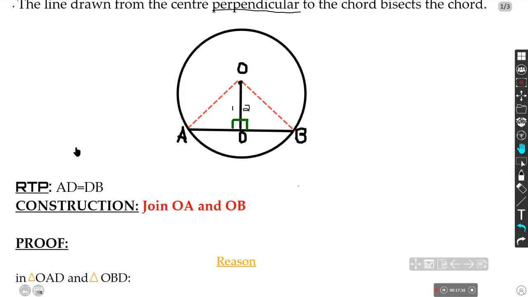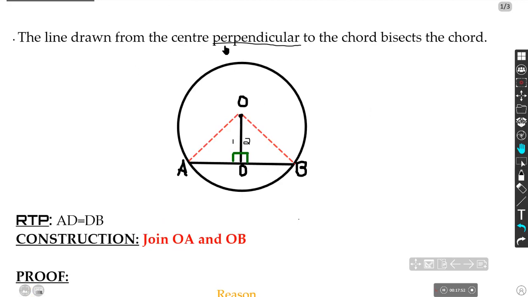So now we cannot, when you're proving and they ask you to prove AD is equal to DB, yes, they do say that it bisects the chord. So necessarily here, we are trying to prove the statement that says that the line drawn from the center is perpendicular to the chord and it bisects the chord. So basically, we're trying to say, okay, does it actually bisect the chord?